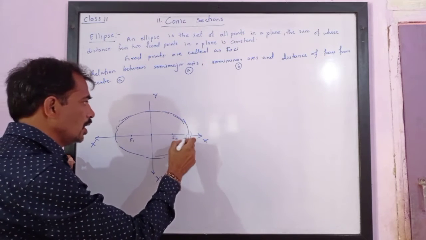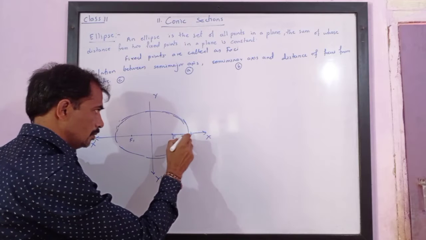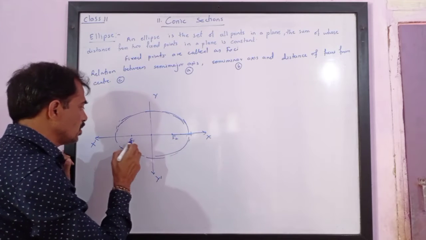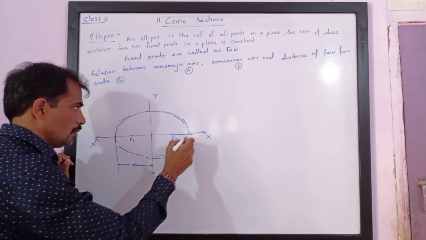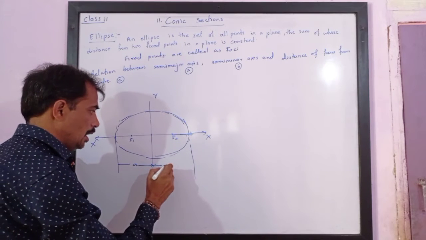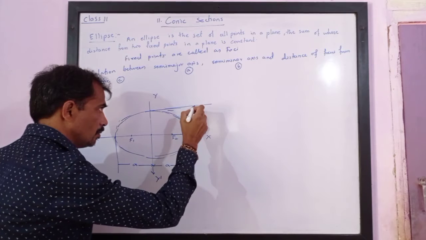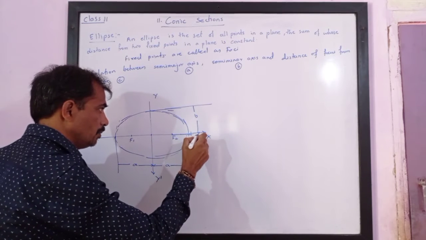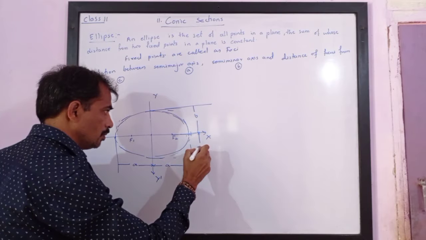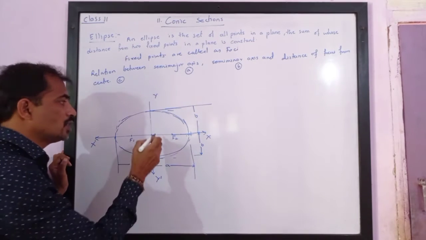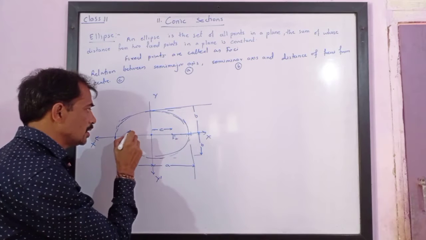Please note, the length of the semi-major axis, that is from here, this distance will be denoted by A. The length of the semi-minor axis, that is this length up to the ellipse, we are going to denote by letter B. And the distance between the center of the ellipse, the origin, and the focus, we are going to denote by letter C.